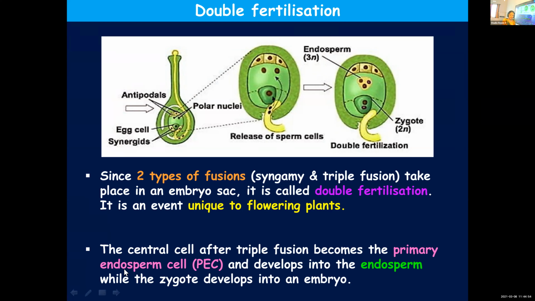So the central cell with PEN will change to primary endosperm cell or PEC, and that will develop into endosperm. The function of the endosperm is to nourish the growing embryo, while the zygote developed as a result of syngamy will develop into embryo.